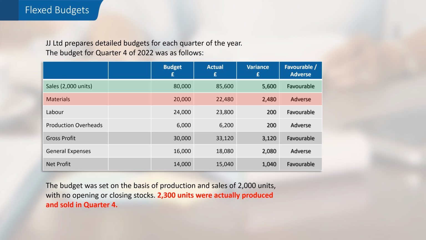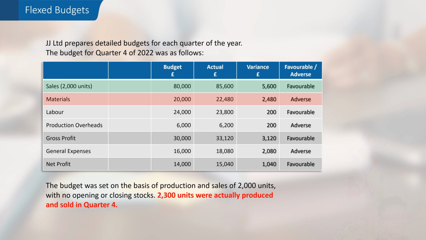And as we've just said, to make any comparison valid, we need to compare like with like. We can't change the actual figures, as that's what's actually happened. So instead, we need to flex the budget, that is, rewrite it, to create what it would have looked like had it been based on the actual production level of 2,300 units.